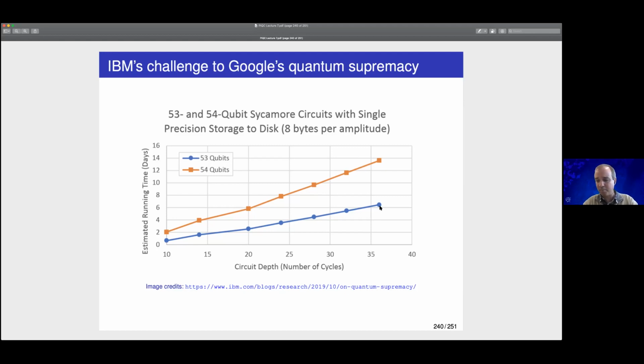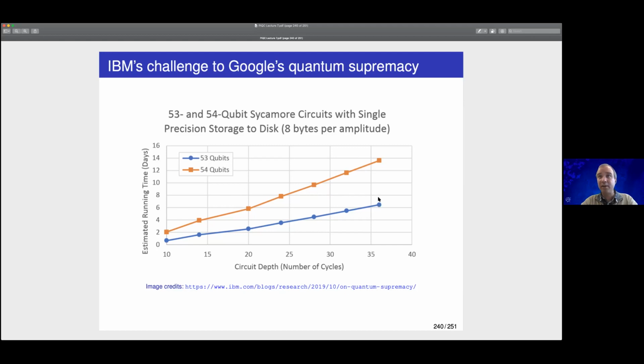And there's been some controversy about this, okay? So I want to mention that, of course, still the advantage, if not supremacy maybe, of the quantum computer is clear, 300 seconds or 5 minutes or whatever against 6 days. Also notice that the researchers at IBM also computed estimations of what they would need for 1 qubit more.